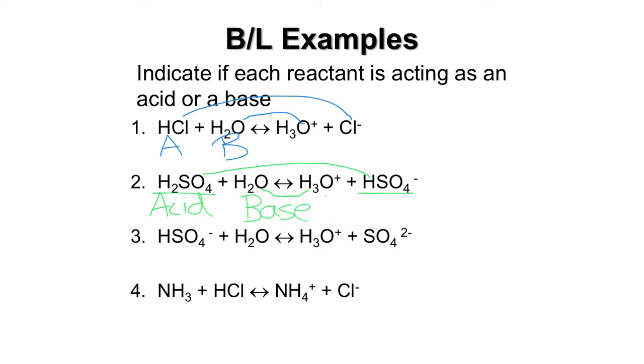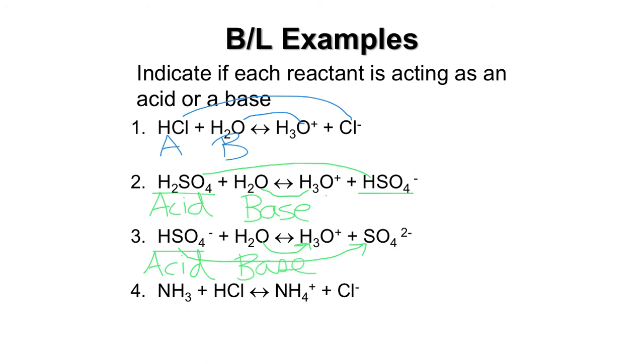Next example, HSO4 minus is turning into SO4 2 minus. In order to do that, it must lose an H plus, so that is acting as an acid. Water is turning into H3O plus, so it's gaining an H plus, so water is acting as a base.